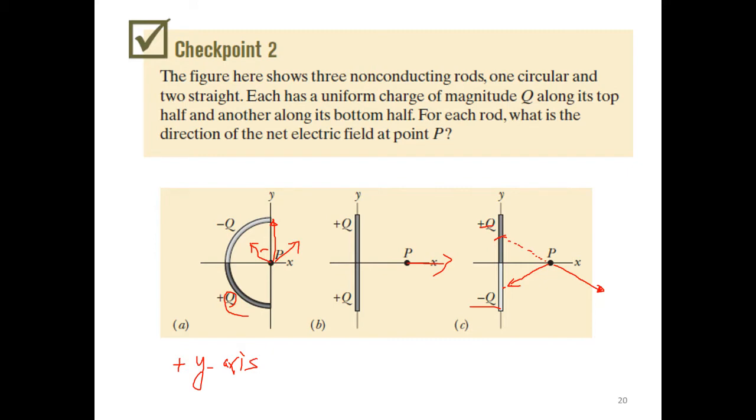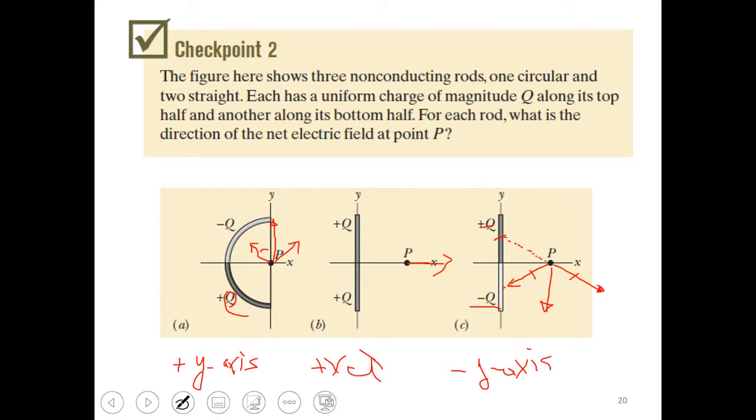And actually these two should have the same magnitude, and the horizontal components cancel each other. So the overall E field should point to the negative y-axis. This is plus x, plus x axis. Any questions?